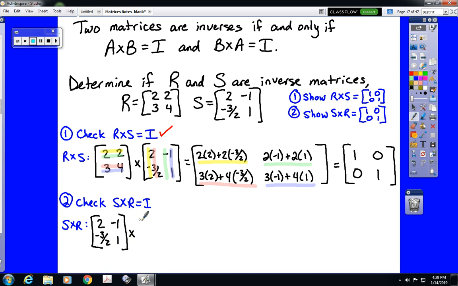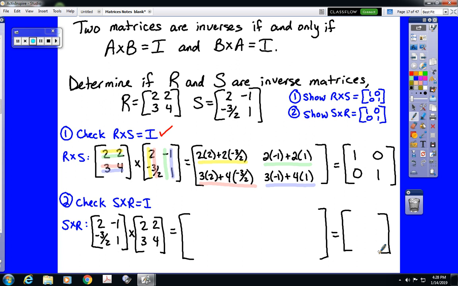And we're going to multiply that by R, which is 2, 2, 3, 4. Now, though that process is extremely similar, it is not going to result in exactly the same answers. So again, we're trying to show that that is the identity matrix.